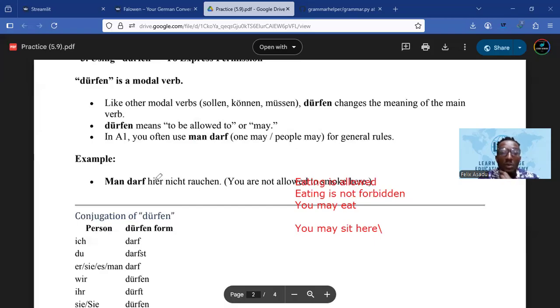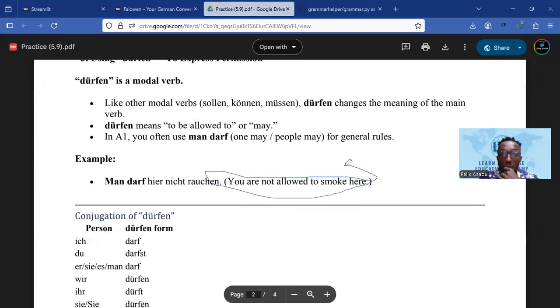So if you check the modal verb rule, it is subject number 1 here, modal verb number 2, other things here, and the main verb at the last end. So man darf hier nicht rauchen is going to mean that you are not allowed to smoke here. That means that it is verboten.